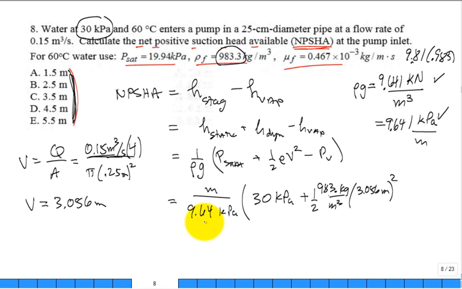Now let's continue on. Here I'm going to subtract off the saturation of 19.9 kilopascal. Okay, so I'm going to have kilogram meters per second squared. A kilogram meter per second squared is a Newton. Then I divide by meter cubed.